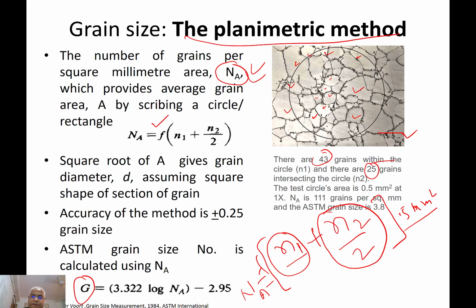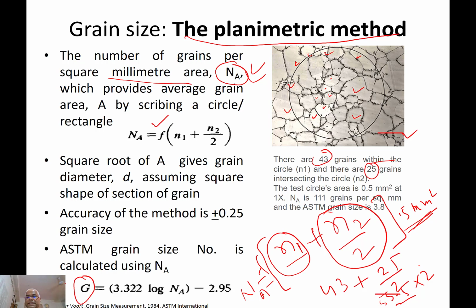In this case, 43 is the full number of grains, and 25 grains being intersected divided by 2. So this is how we have, say, 55.5 grains. These are the number of grains in 0.5 square. Since we have to determine the number of grains per square, it will be doubled, because it is 55.5 grains in half square area.